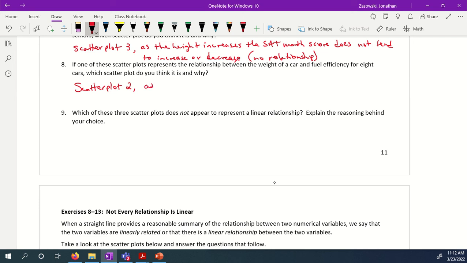And we would say as the weight of the car increases, the fuel efficiency tends to decrease.